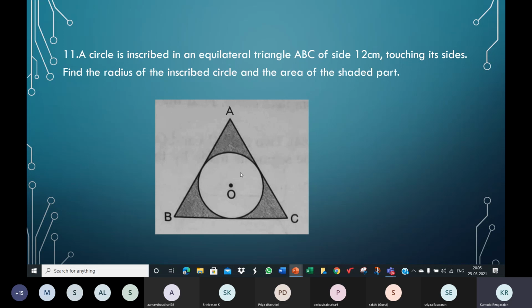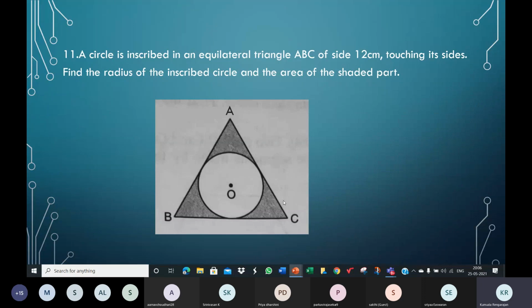The altitude of the three smaller triangles is equal to the radius of the incircle. So area of triangle AOB is equal to half into base AB, which is 12, into height, which is the radius R, half into 12 into R. Similarly here, half into 12 into R, same thing.